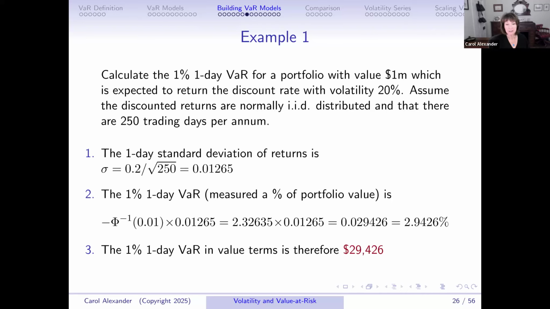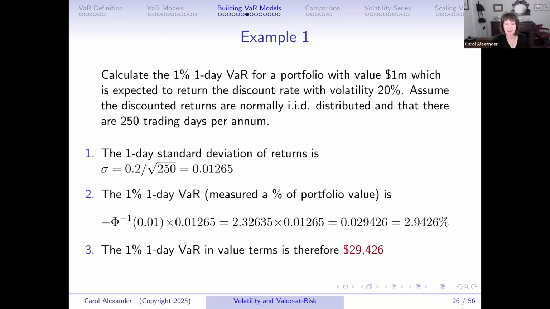So anyway, that gives us our standard deviation of returns, which we then multiply by minus phi to the minus 1 of 0.01, or alternatively phi to the minus 1 of 0.99. You can put either there, and that gives us the critical value 2.326 that we use here, and it gives us VaR is 2.9426%.